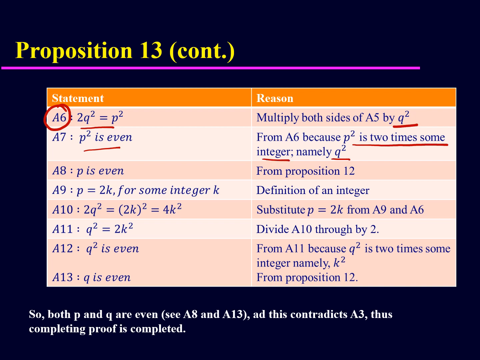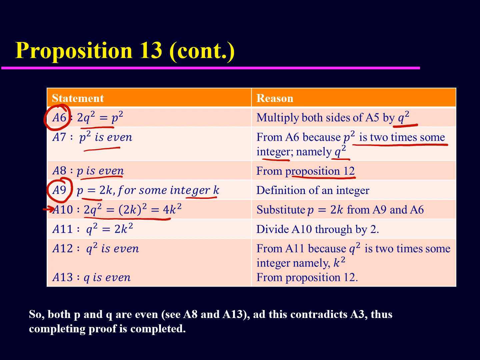Based on Proposition 12, if P squared is even, then P is also even. Based on the definition of P being even, we state in A9 that P equals 2K for some integer K. Next, we substitute P with 2K. Now we have the A10 statement, which is 2Q squared equals 2K, the whole thing to the power of 2, equals 4K squared.